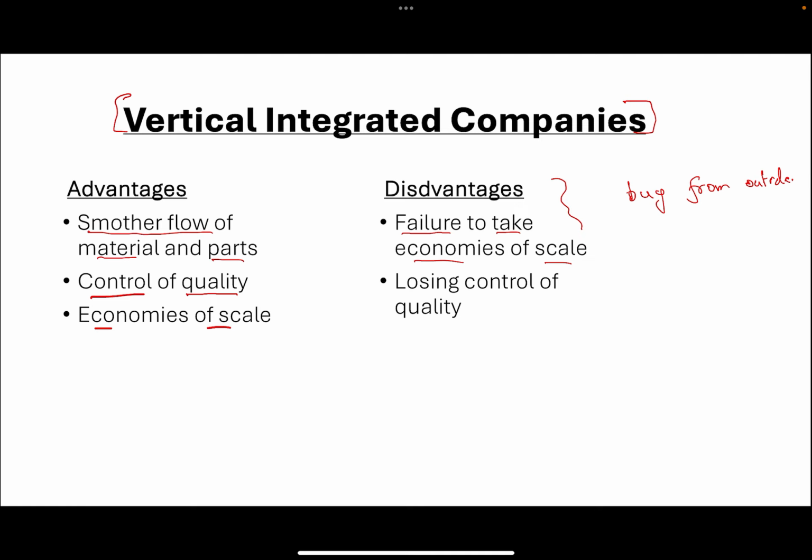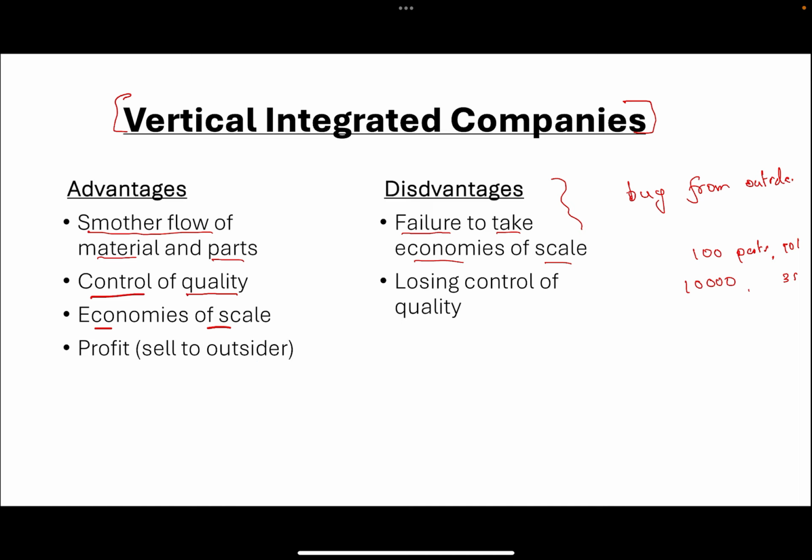That means if you are manufacturing a big number, then the unit price can be brought down. For example, if you are making only 100 parts, then the unit price might be $10. But if you are manufacturing 10,000 parts, you can make use of economies of scale and bring it down to maybe $3. So the unit cost price will come down.